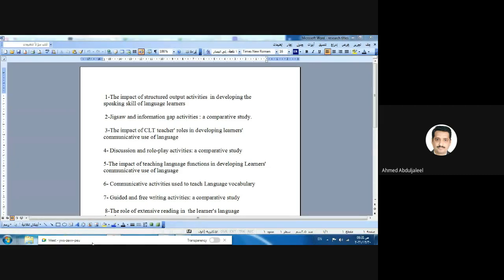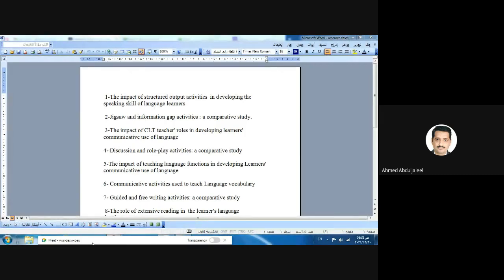Let us see number one: the impact of structured output activities in developing speaking skill of language learners. First of all, the title is about methodology, methods of teaching. So how can I put an outline for this?